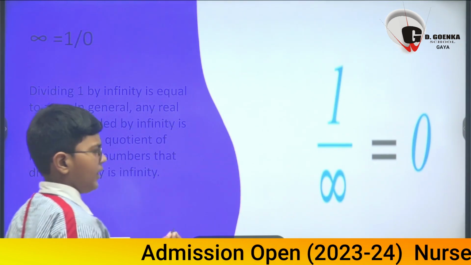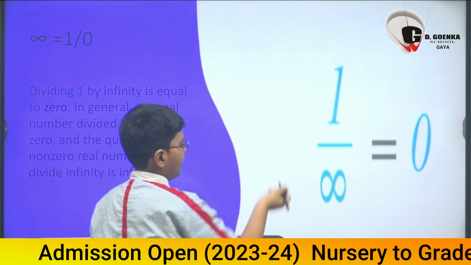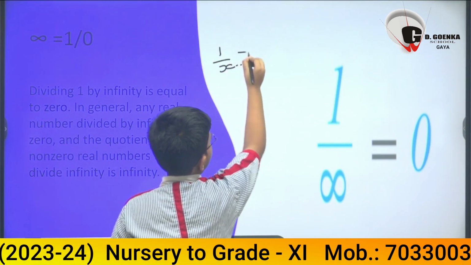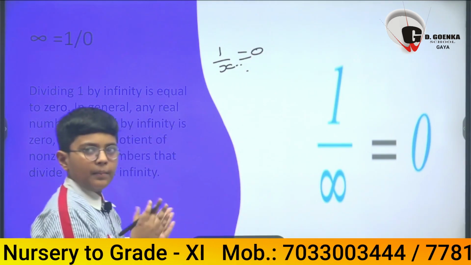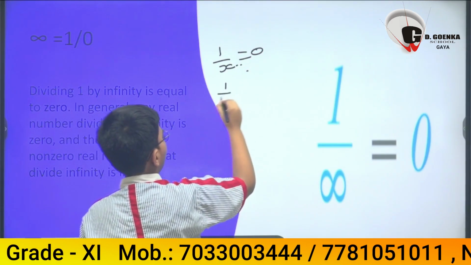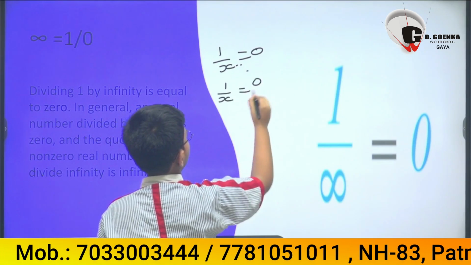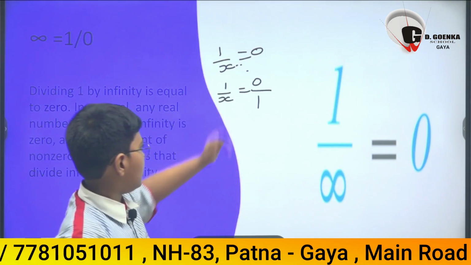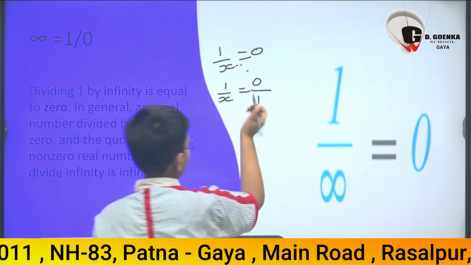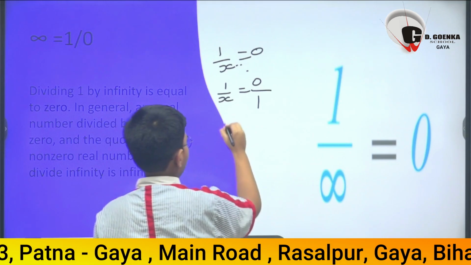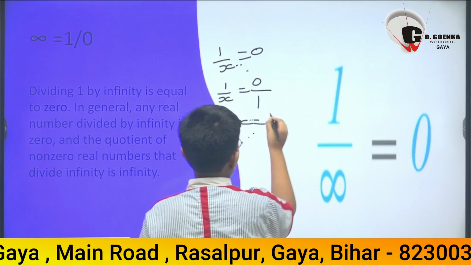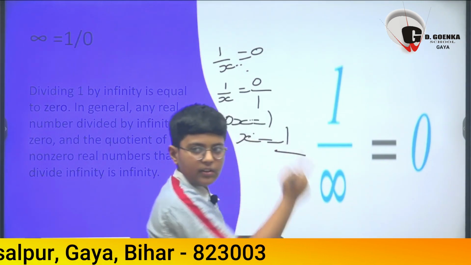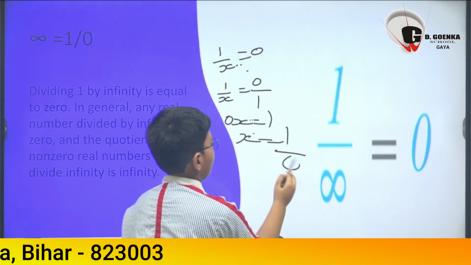What I did basically is imagine infinity as x. So 1 by x is equal to 0. Now basically 1 by infinity is equal to 0 by 1, because we cannot say 0 by 0 as it won't be a proper value. So 0 by 1. Now we will do cross multiplication. Basically 0x is equal to 1, so x is equal to 1 with 0 transferred to the denominator, which is 1 by 0.